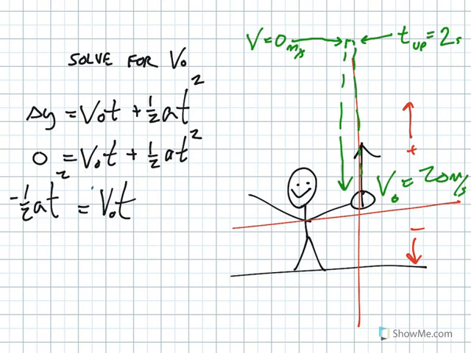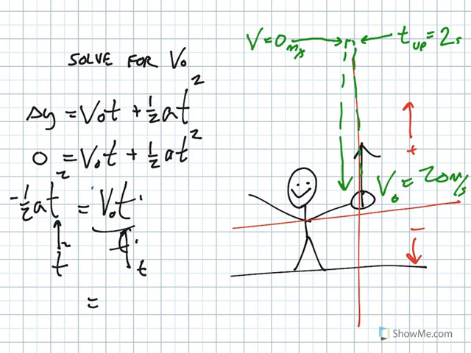When I do that, that cancels the 1/2 a t squared that's on the right side of the equation. Next, notice here, this is t squared, and this is t. That means you can divide both sides by t, all right? And then on the right side, I'll have V naught, right?